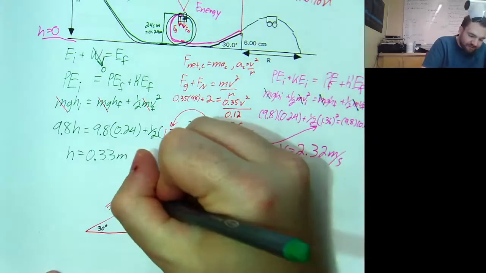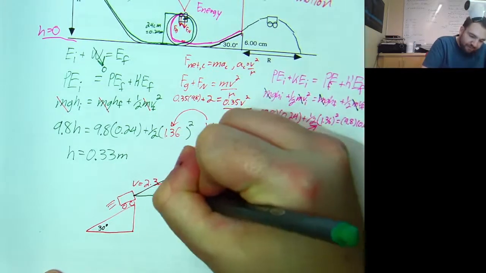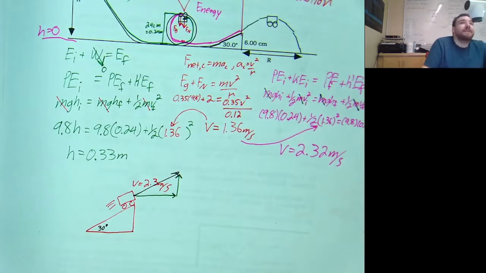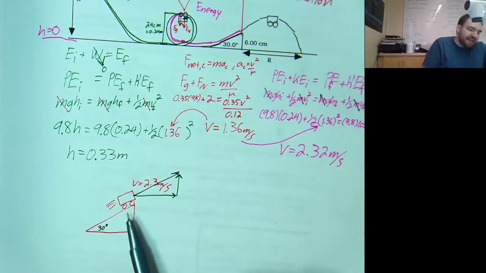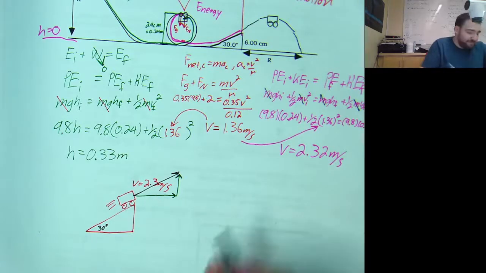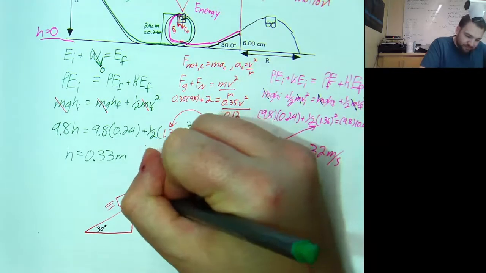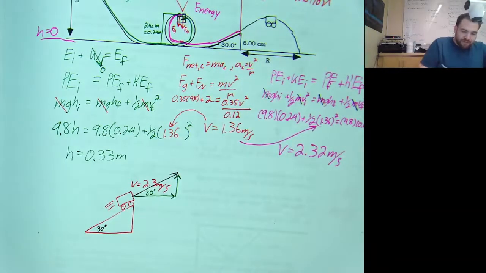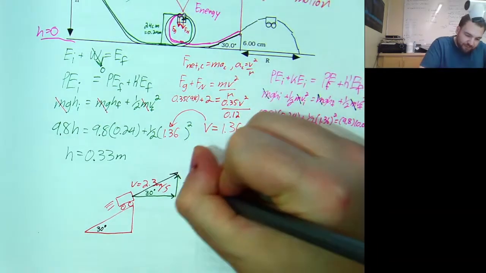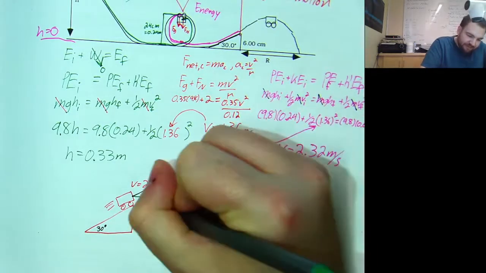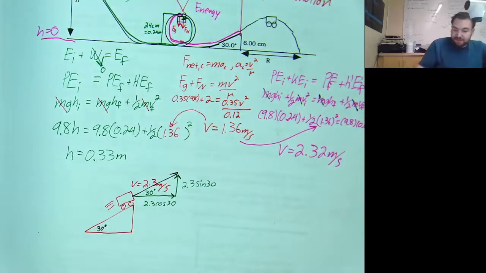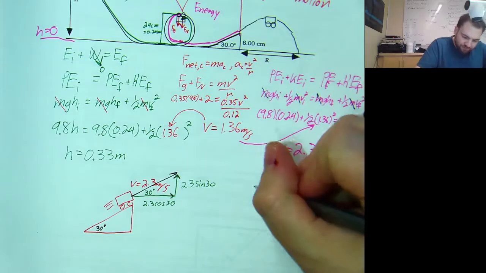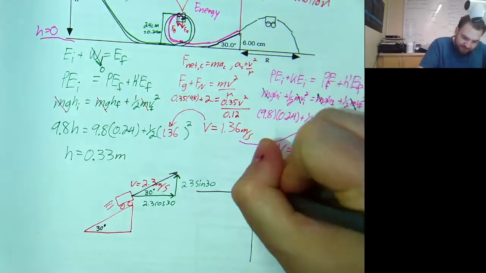So, here are my components. This angle right here is what? That is 30 degrees. Obviously, I'm hoping that's obvious. The angle of the velocity is the same as the angle of the ramp. So then this guy here is going to be 2.3 sine 30, and this guy's going to be 2.3 cos 30. I'm breaking this thing up into components x and y. So, as always, let's build the chart.